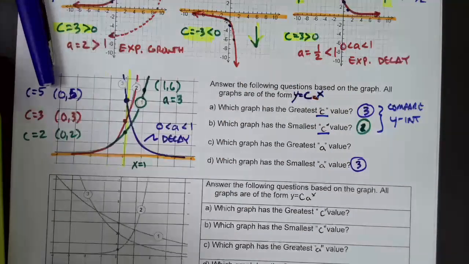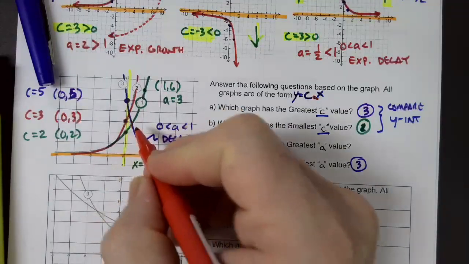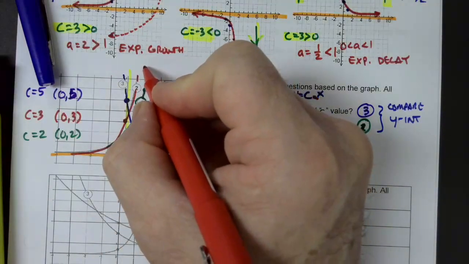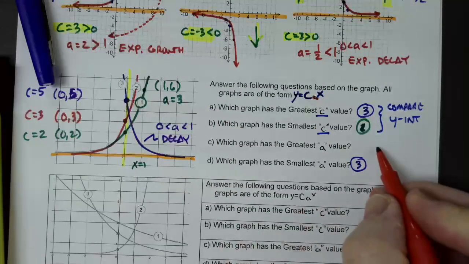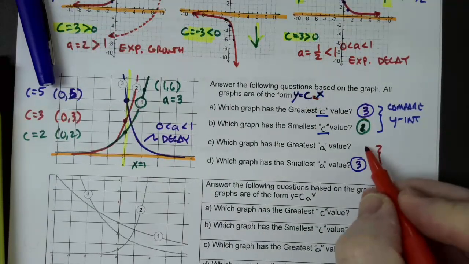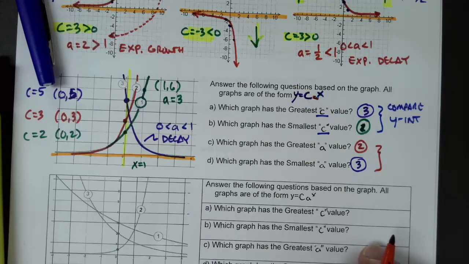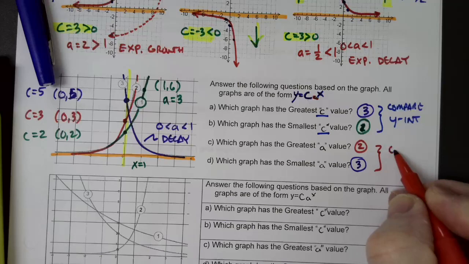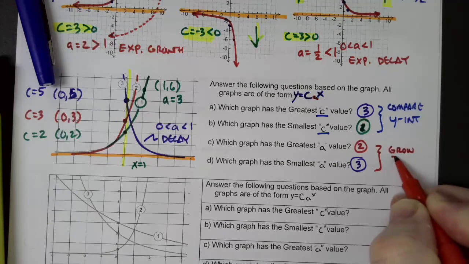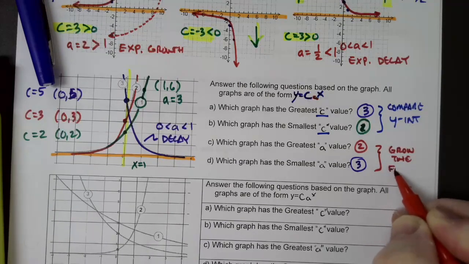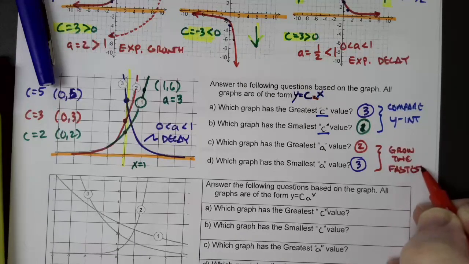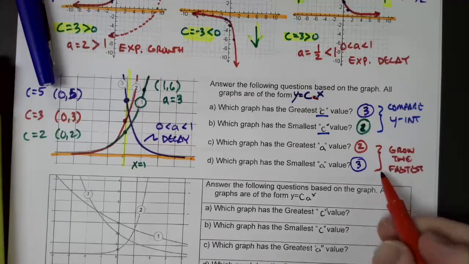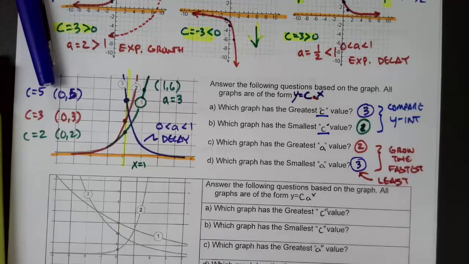And you can quickly see that if we looked at this one, when x equals 1 on this one, we're way up here. So what we're going to see quickly is that 2 has the greatest a value. And why? Because that one grows the fastest, as opposed to the last one, which grew the least. It actually went down.